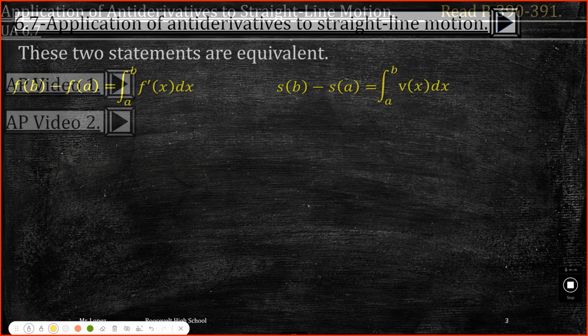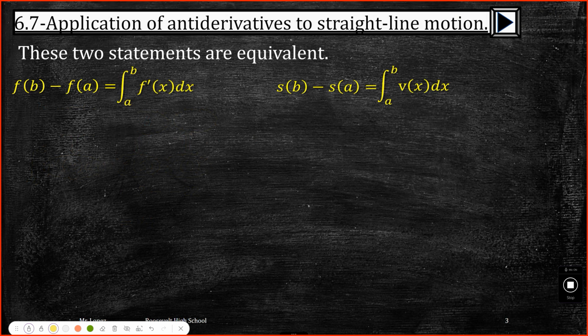Now we're going to apply antiderivatives to straight line motion. We have these two statements which are equivalent. This is exactly what I just did in the warm-up: if we find the antiderivative, then we can just evaluate f of b minus f of a.